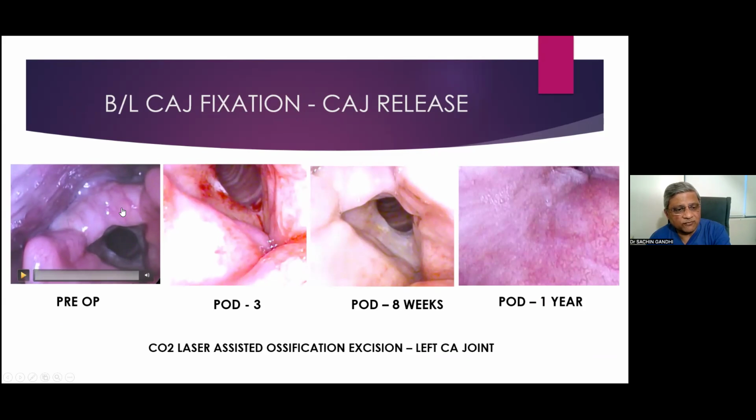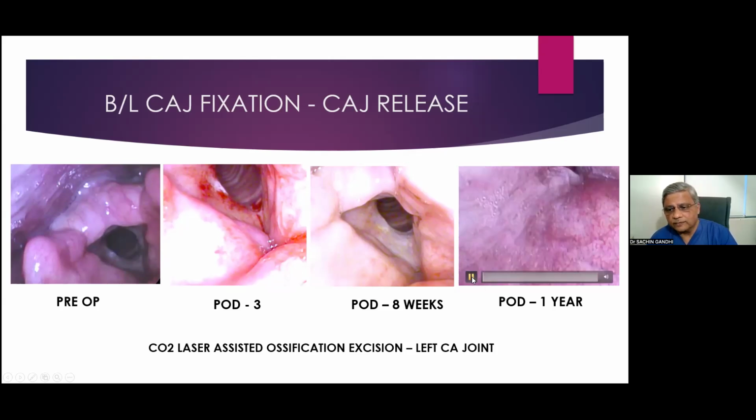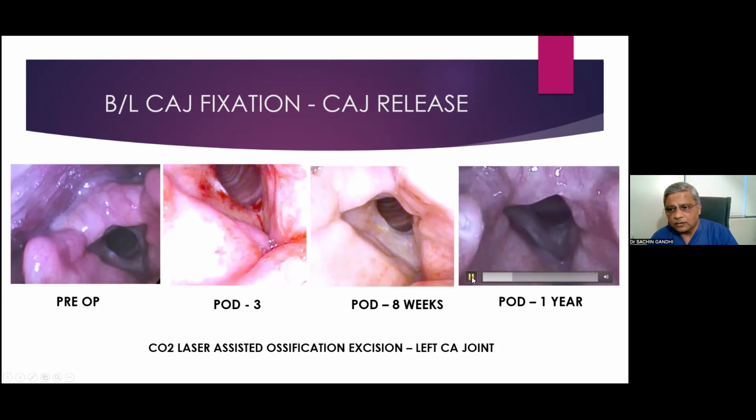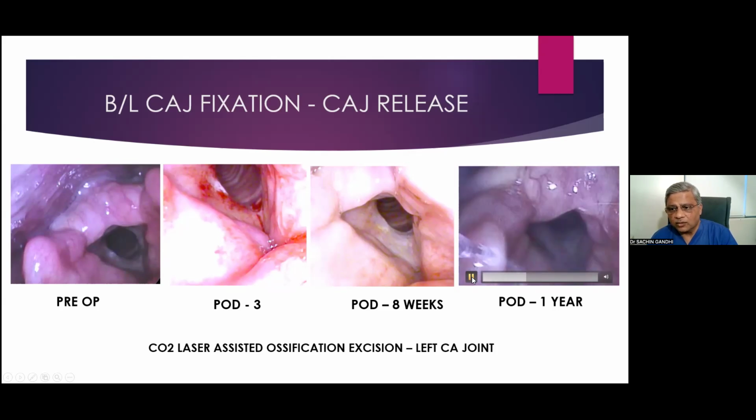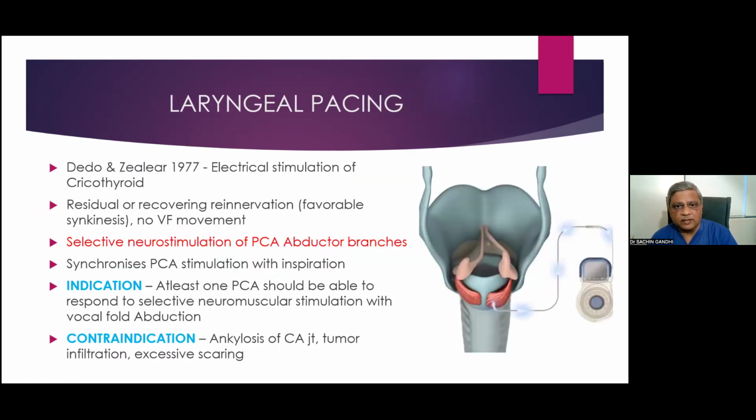Sorry, the arytenoids are fixed, but you can see the contraction possible. So we have done vaporization of the arytenoids and mobilization of the arytenoids, and this is after 1 year. So there is good vocal cord movement which has been regained.